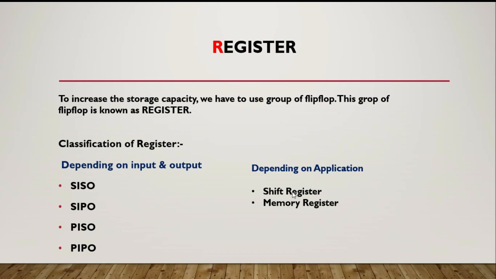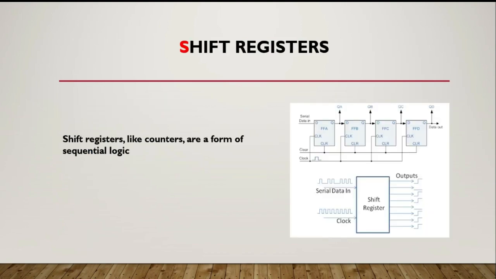And also, we can classify registers as shift registers and memory registers depending on application. Here, I am going to take shift registers as my next example. We all know shift registers like counters are a form of sequential logic. Okay, here I have taken a SIPO, which means serial input parallel output shift registers.